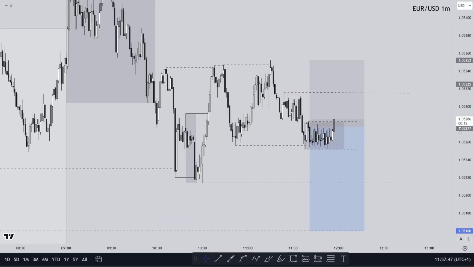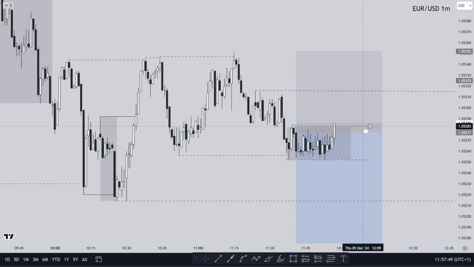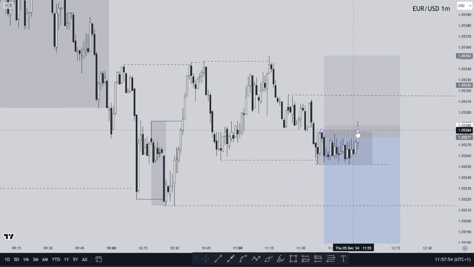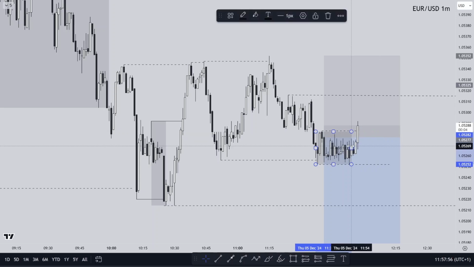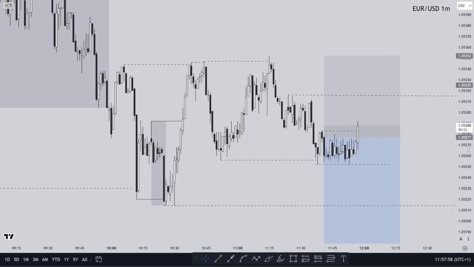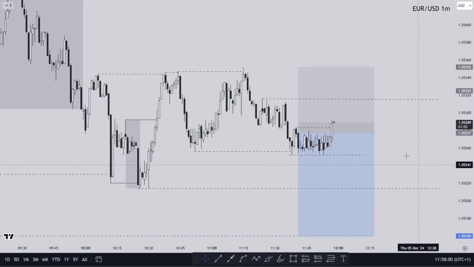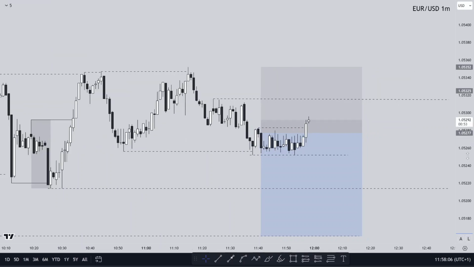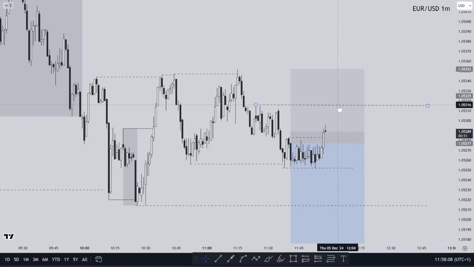So for example, let's see here right now, live. Price took out liquidity from this range finally, okay? So now let's see. Okay, price broke this level, so right now I imagine that it can go higher, so maybe there.